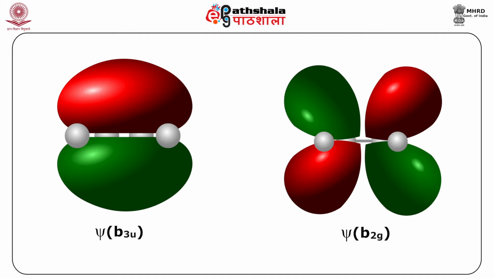This is a bonding orbital, and the one on the right, B2g, you find that the maroon and the green regions are separate from each other, so it is an anti-bonding orbital. So the one on the right is an anti-bonding orbital, it is the B2g orbital, because you find that the overlap is negative between the 2 carbon atoms.